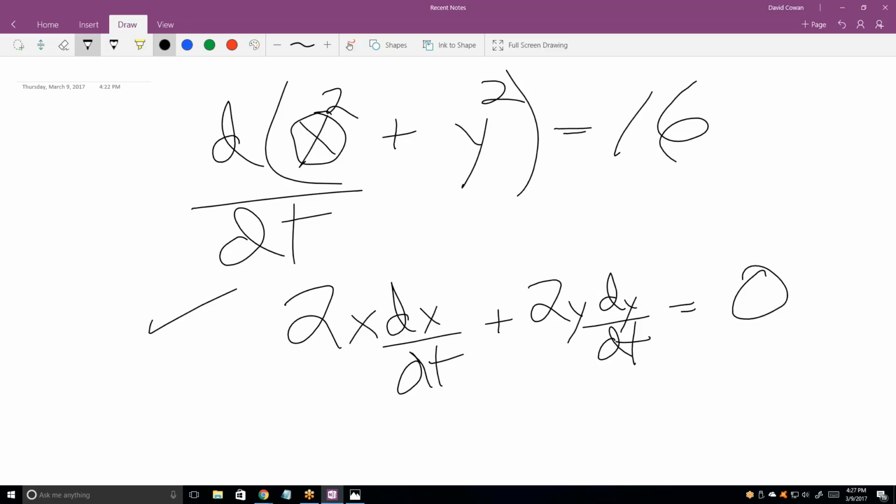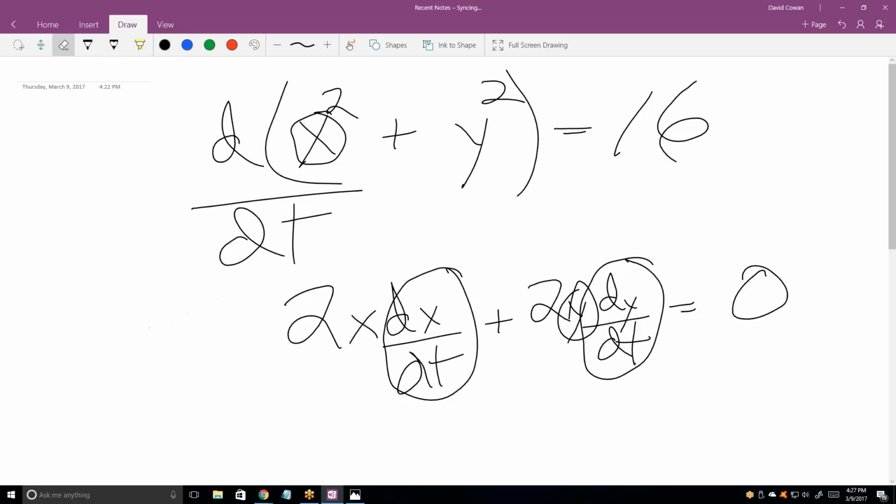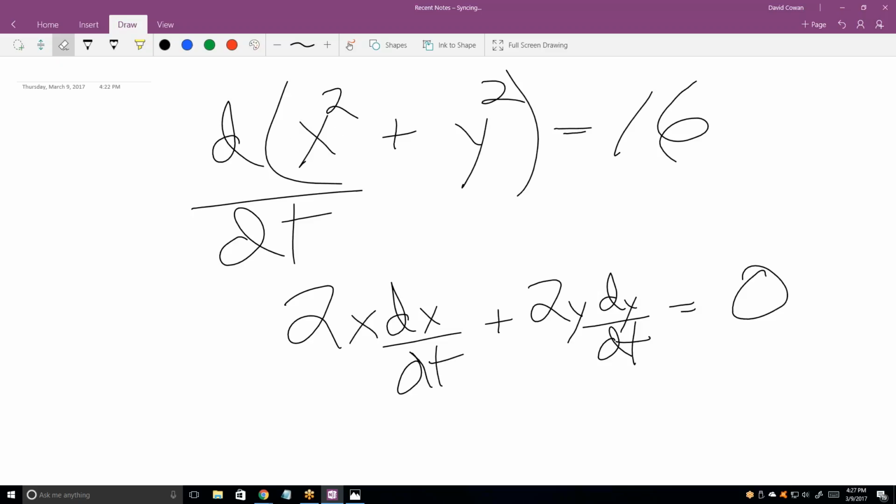In a real-life problem, they would then probably give you dx/dt, and they might give you dy/dt, and they would maybe give you y, and the problem would be to solve for x, which you'd be able to do. But the simplest way to remember implicit differentiation is exactly this. If you run into a variable that is not your denominator variable, then you always have to follow it with dx/dt or dy/dt.